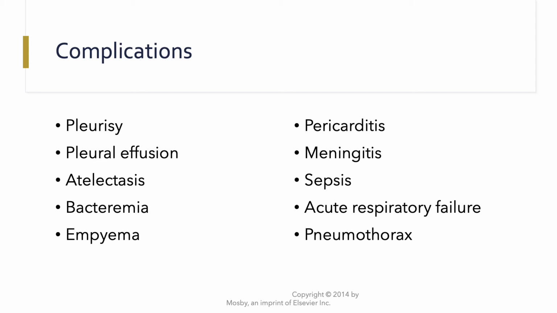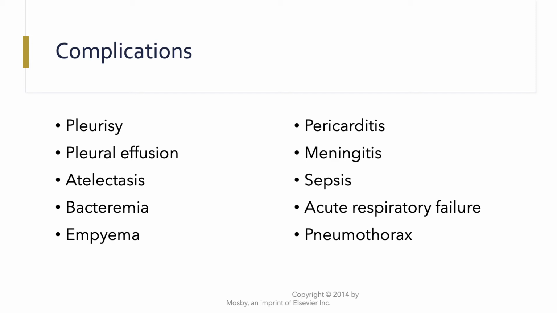Atelectasis, of course, we know that's when the alveoli sort of collapse. Bacteremia, of course, is bacteria in the blood. Empyema, pus. Pericarditis is inflammation of the lining around the heart.